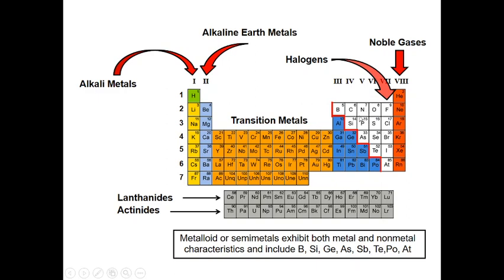These white ones and the orange noble gases are non-metals. So it seems like there are way more metallic elements than non-metallic elements, right? That is true, if you talk about the number of elements. So this is basically a general view of the periodic table.